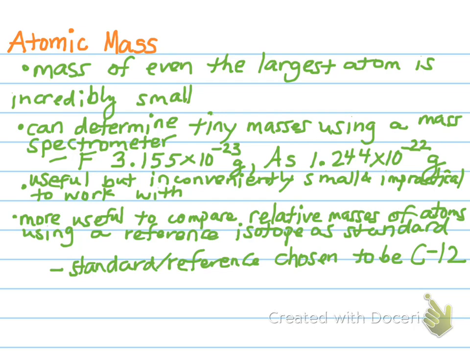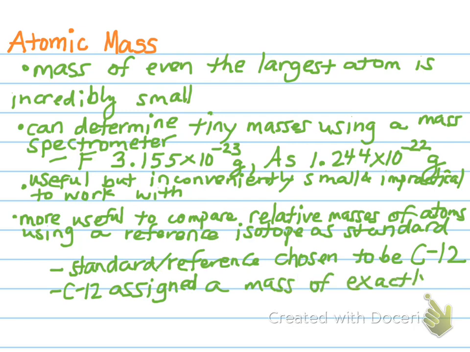That's not a coincidence. Chemists very specifically and purposefully chose carbon 12, and we're going to talk about that in just a couple minutes. This carbon 12 was assigned a mass of exactly 12 atomic mass units.